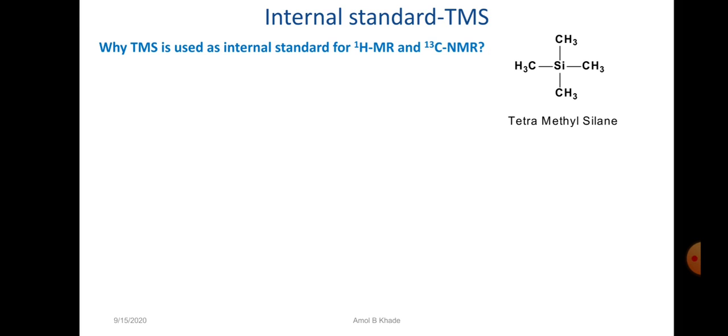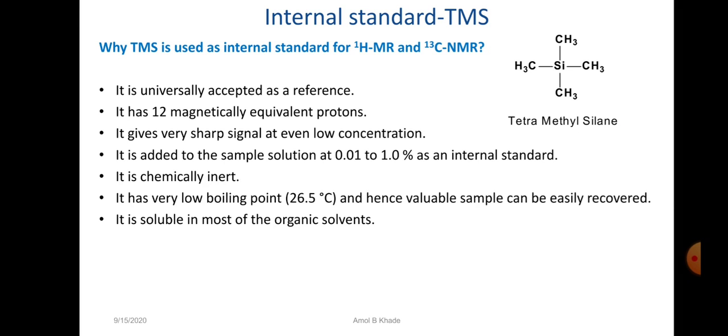This is the compound very widely used as an internal standard to record NMR spectra, when you are taking proton NMR and carbon-13 NMR. Now why is TMS widely used for recording NMR spectra of proton and carbon-13?